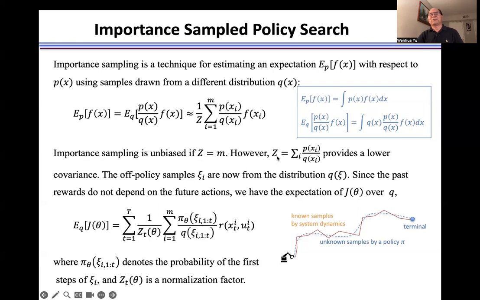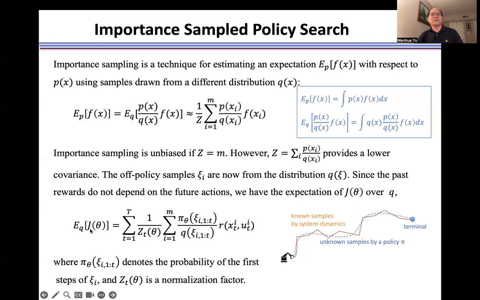However, right now we select the P in this summation to provide lower covariance. So we are using off-policy samples from the distribution Q, not from the original distribution P. That's back to the original problem.